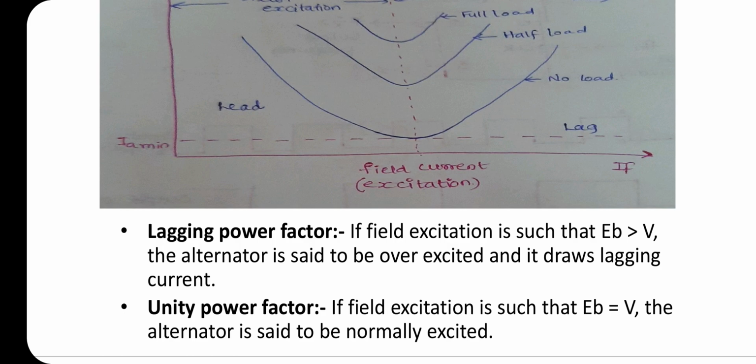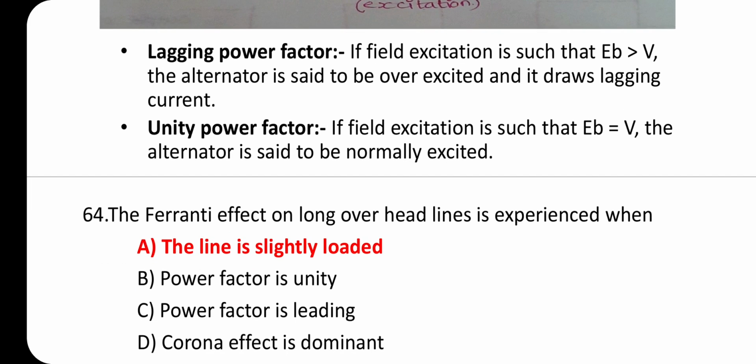Lagging power factor: if field excitation is such that EB is greater than V, the alternator is said to be over excited and it draws lagging current. Unity power factor: if field excitation is such that EB equals V, the alternator is said to be normally excited.